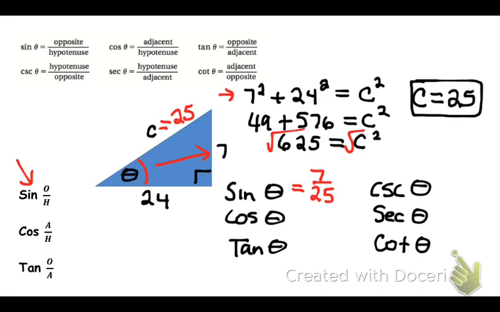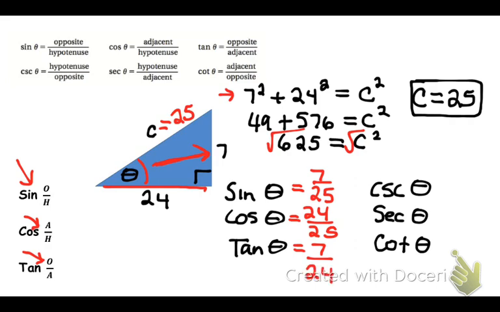For cosine, we need a side adjacent, and we need the hypotenuse. So the side adjacent is 24, and the hypotenuse is still 25. And then tangent tells me we need opposite over adjacent. So the side opposite we determined was 7, and the side adjacent was 24.